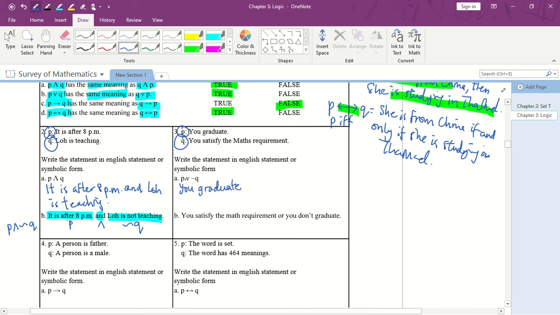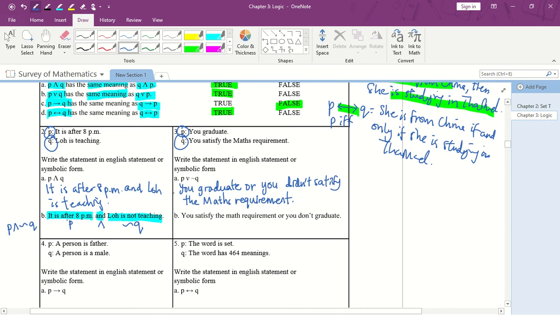Okay, and now it's using the word or. So we write here or, and there's a not here. You didn't satisfy the maths requirement.